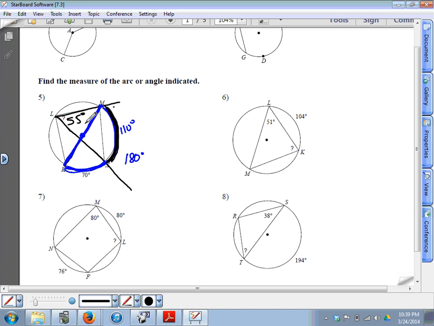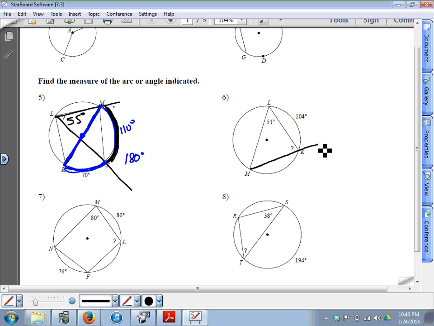Now, number 6. Notice this line here from L to M does not pass directly through the center, so this is not a diameter, so we can't claim that this is 180 degrees. It'd be nice, but we just can't do that.